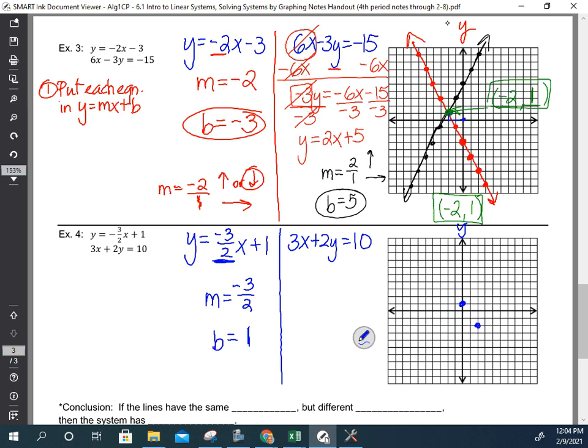Again, down 1, 2, 3 to the right 2, and again. So there's your first line.